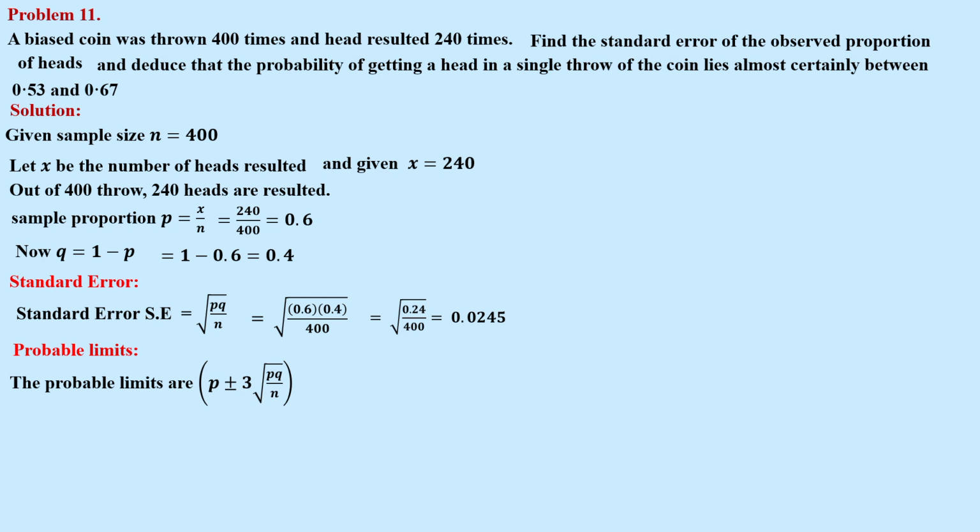Normally the formula is p plus or minus z alpha into root of pq by n. Substituting the value, taking the minus value, 0.6 minus 0.0735, the lower limit is 0.5265. Then the upper limit, 0.6 plus 0.0735, 0.6735.